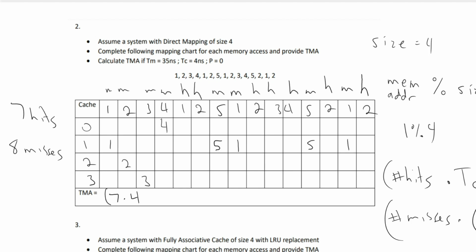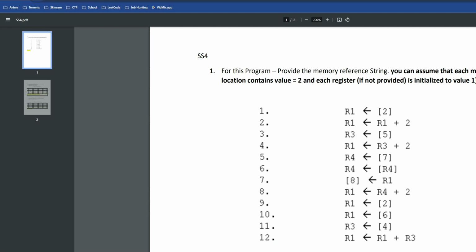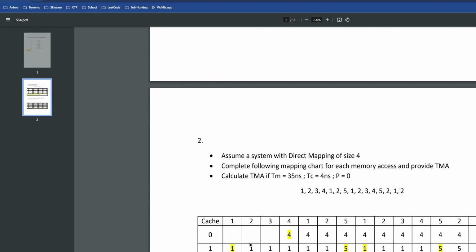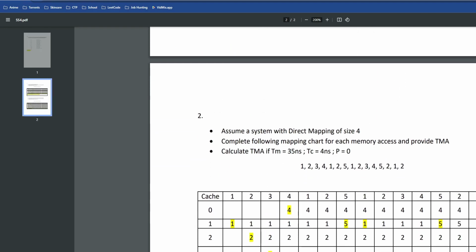Sorry, 7 times 4 plus number of misses, 8 times TM, 35, plus 0. And we can just leave it like that. Is that right? 7 times 4 plus 8 times 35 plus 0. Yeah, okay, cool.